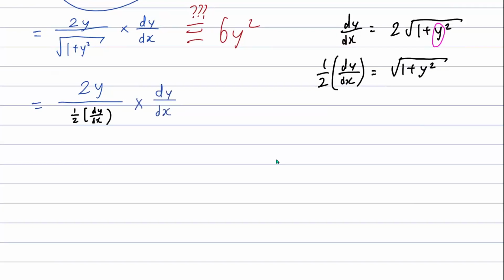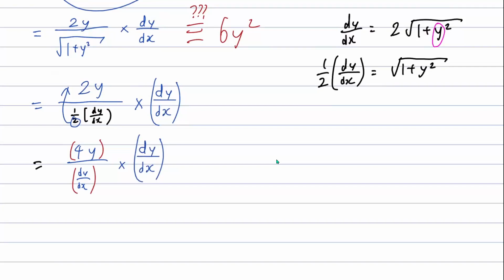Following so far? Okay. dy by dx is just an expression. Here, when you have times half, maybe I can bring the 2 on top. So we end up with 4y over dy by dx. Let me just put the brackets here, and then I times dy by dx.